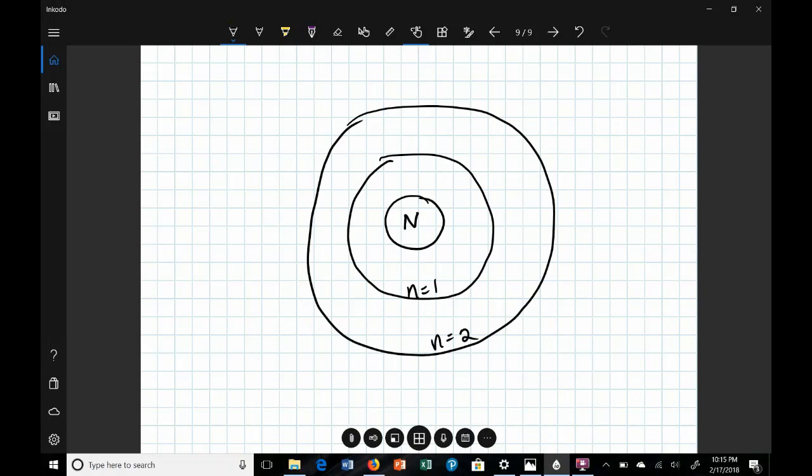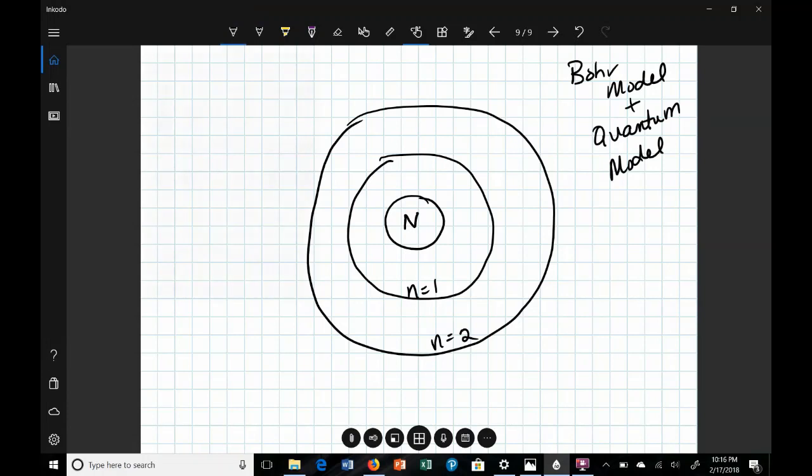And when we're putting the Bohr model and the quantum model together, we can kind of see how the energy levels are broken down slightly.